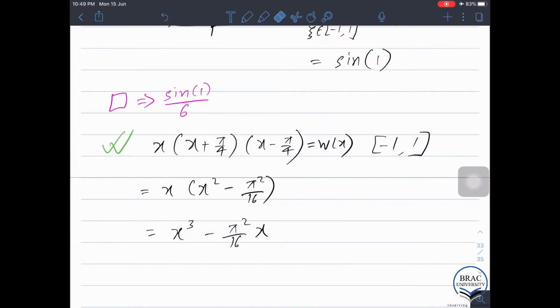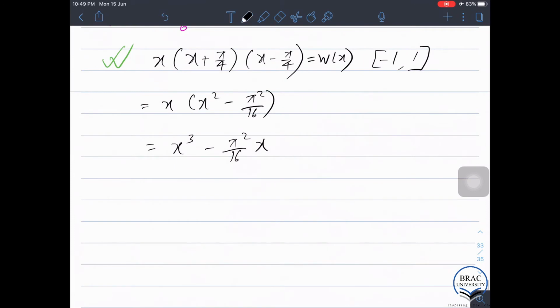All right, so you all know this, I hope so, and if you have forgotten it, please revise this in basic calculus. So to find the maximum value of this, we have to calculate w prime of x, and if you do that, that would be nothing but 3x squared minus pi squared by 16. So what do you have to do? You have to turn the first derivative into 0. I mean, you have to solve the equation and find the value of x.